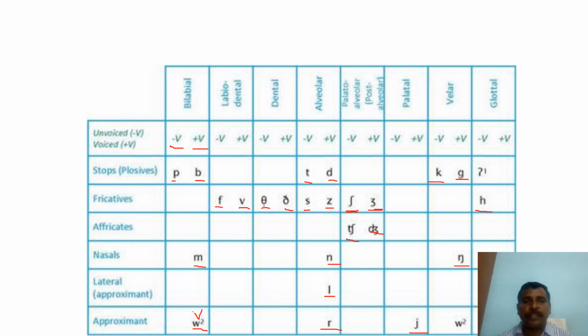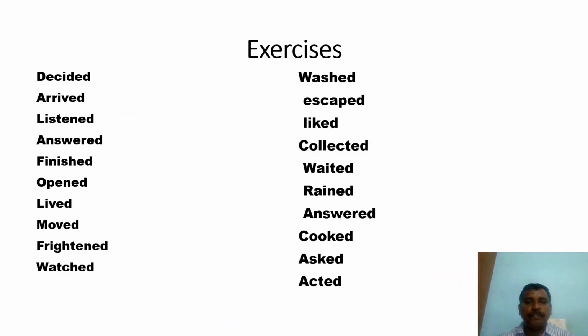Based on this, now let me introduce around 50 words. Now see, decide. This is d, right? Decided, id. Then arrive, arrived. Listen, nasal sound, listened.